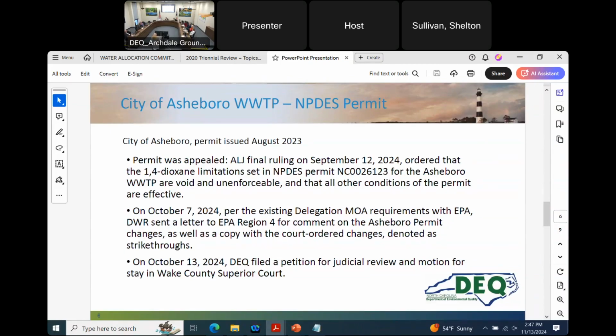That's just how it would work. During that time, a final NPDES permit may not be issued until the objection process is completed. They did send a copy of that letter to the permittee as well. So that's where we stand on the Asheboro permit at this point in time.